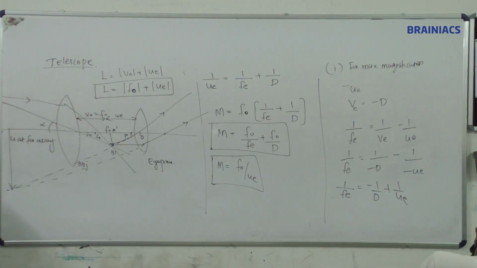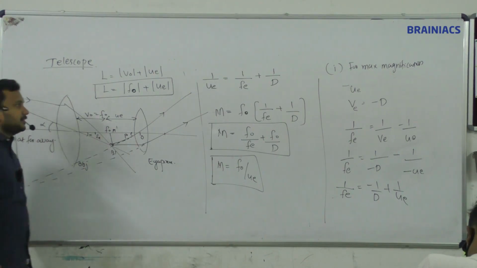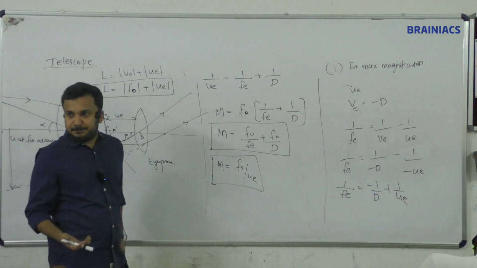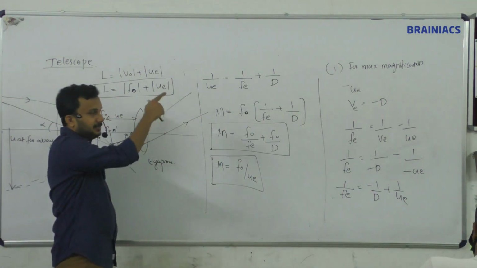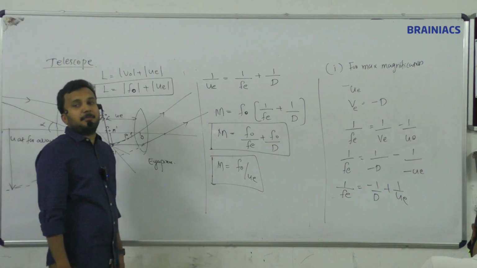F naught and FE, you know, right? F naught means what? So the condition for maximum magnification means strained eye. Next heading: for minimum magnification.